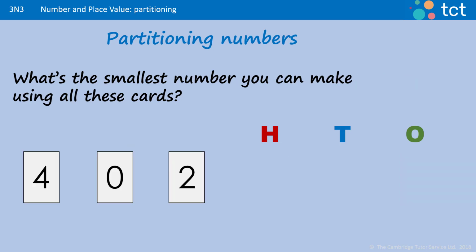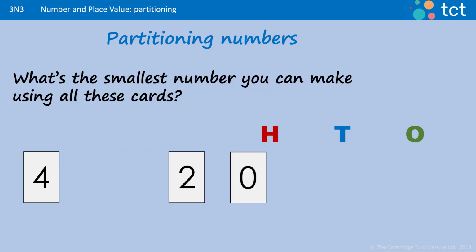Making the smallest number can be a little bit confusing when you have a 0 in there, because you could make a number that has just 2 digits in it rather than 3. For example, if I have the digits 4, 0 and 2, if I want to make the smallest possible number, I can put the 0 in the hundreds.